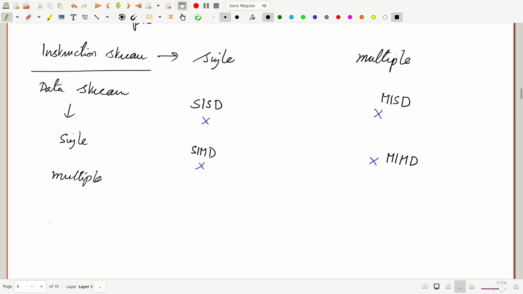Okay, so let us quickly see what these configurations or classifications mean, and how we relate our existing or obsolete computers according to this classification. So the first one is known as the single instruction stream, single data stream, or SISD architecture. In this one, of course, there is a single instruction that is applied on a single data at a time.